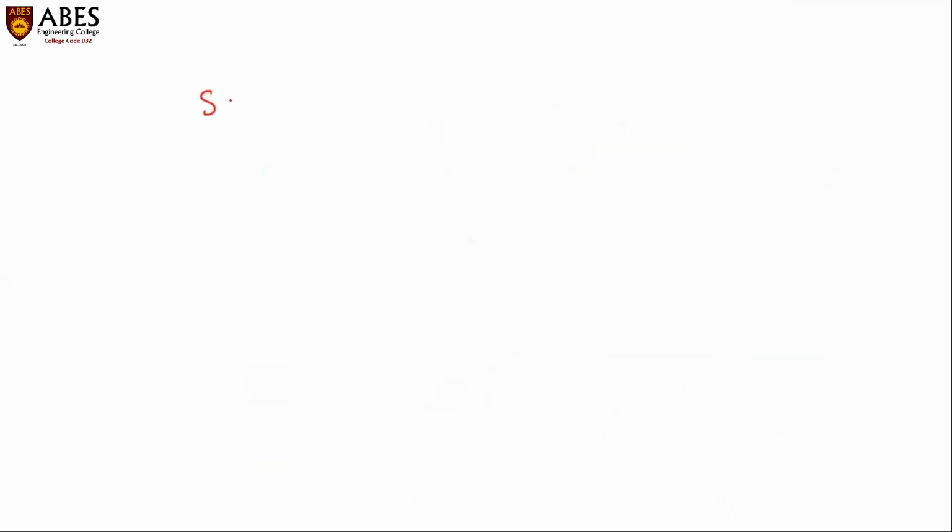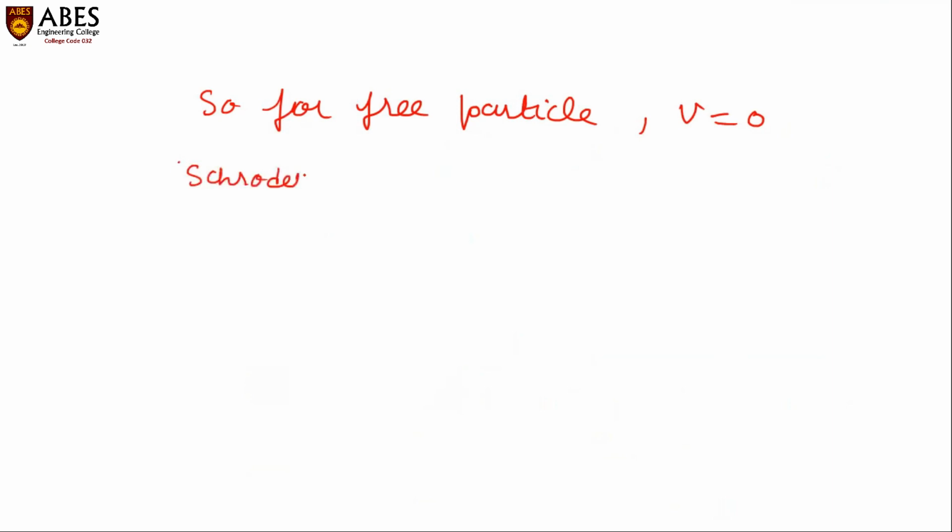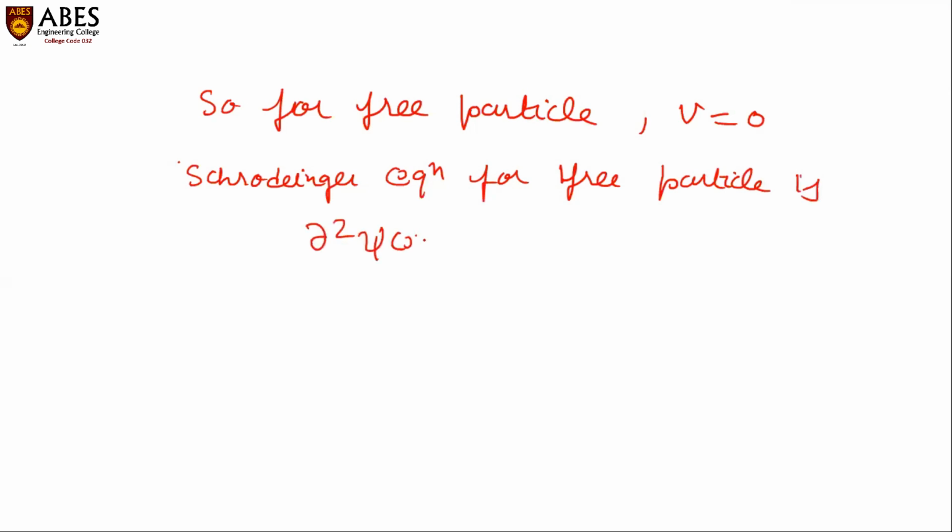So for a free particle, the potential energy is 0. So the Schrodinger equation for a free particle is del square psi(x,t) over del x square plus 8 pi square m over h square E psi(x,t) equals 0.